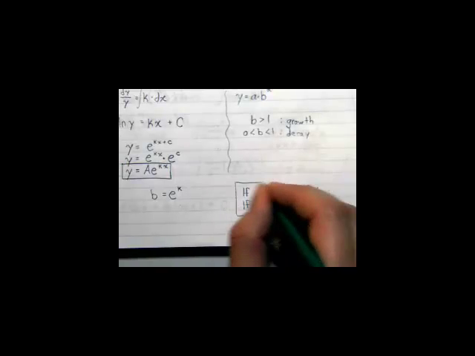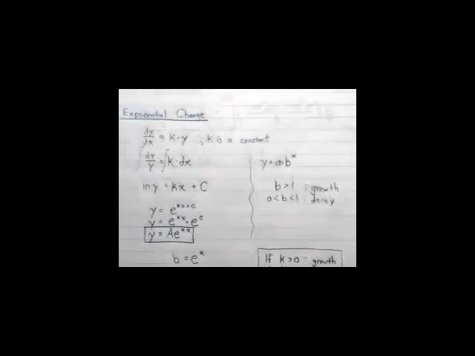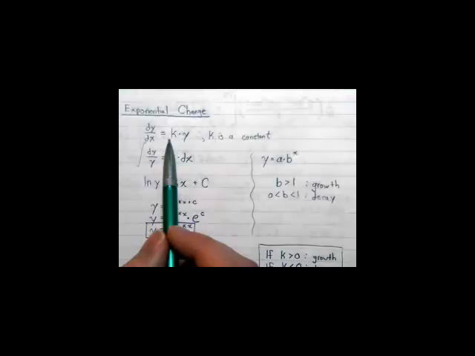Which should make some sense if you think about what a differential equation really is. A differential equation is measuring the change, right? So if a derivative is positive, the change is positive. It's increasing, right? We talked about that before. If a derivative is negative, the change is decreasing. It's going down, okay? So it would be a decay. So that makes a bit of sense up here, because dy dx, the derivative of this, is k times y.